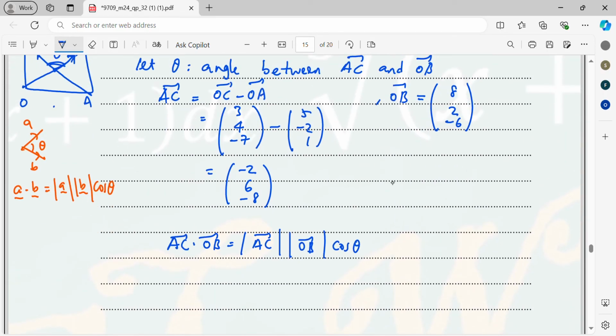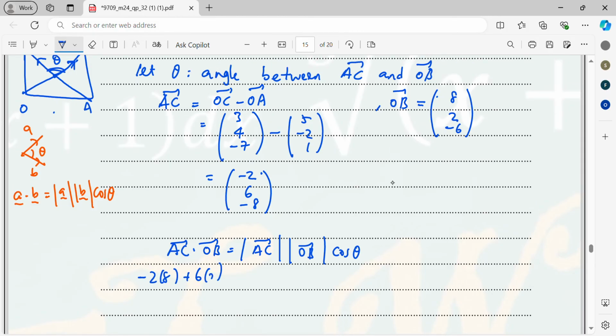For the dot product, basically you just multiply the components, right? So it will be negative 2 times 8 plus 6 times 2 plus minus 8 times minus 6. That will be the dot product. The magnitude AC is square root of minus 2 squared plus 6 squared plus minus 8 squared. Then the other magnitude is 8 squared plus 2 squared plus minus 6 squared.